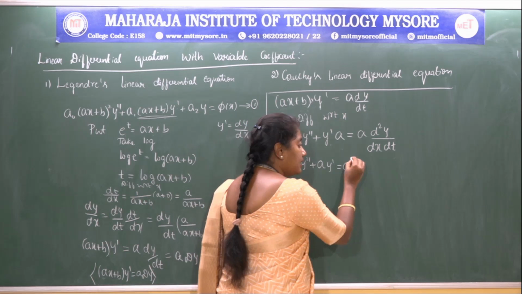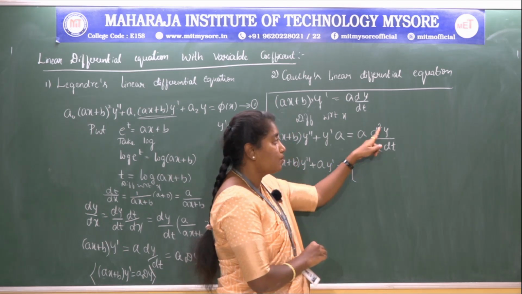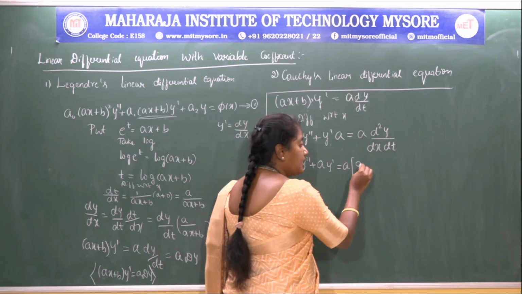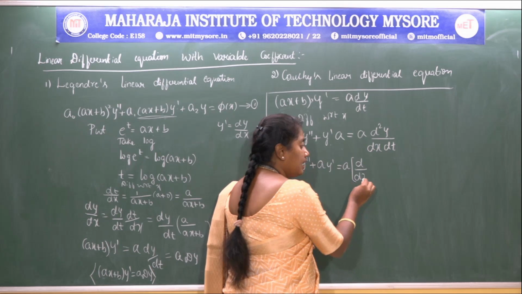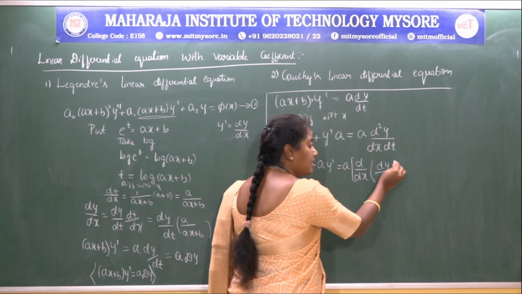Keeping that constant a as it is, I am splitting this derivative d square y by dx dt as d by dx into dy by dt.